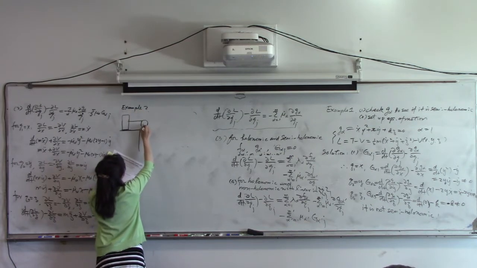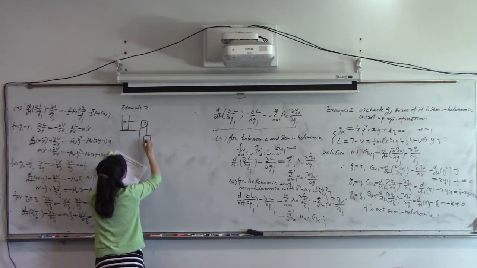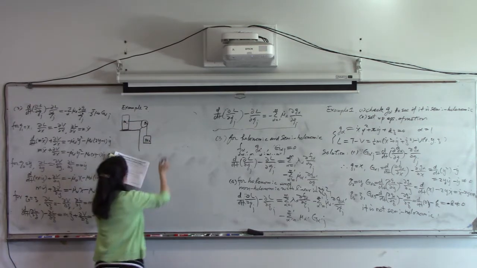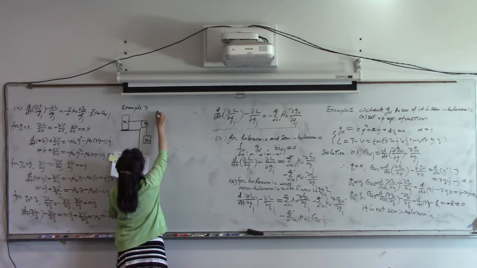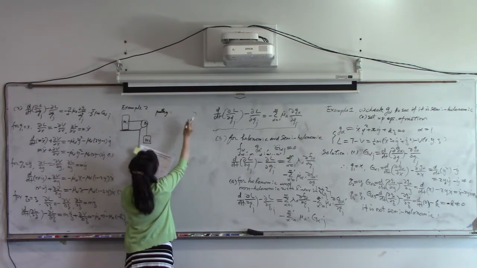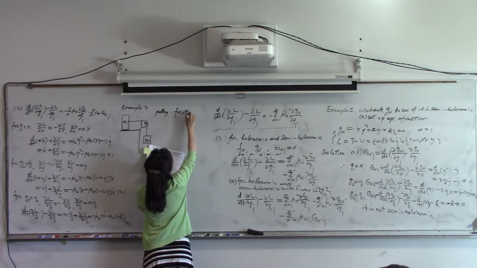Okay, so now we have R, we have M1 and M2. Now let's give the conditions. So that is the condition, for example, the pulley, it is direction-based.